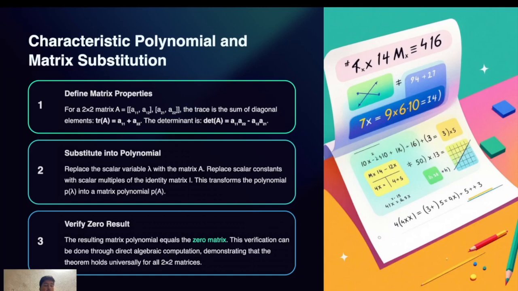This verification can be done through direct algebraic computation, demonstrating that the theorem holds universally for all 2 by 2 matrices. Multiplying A by itself and substituting confirms that it equals the zero matrix. This illustrates the theorem perfectly.